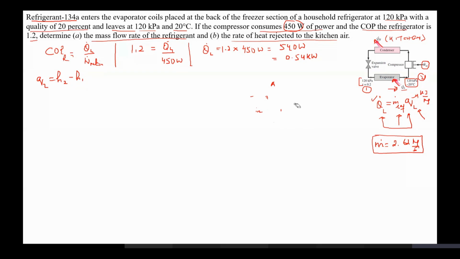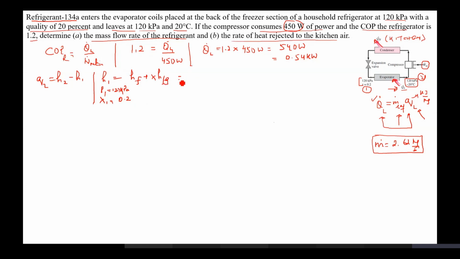In order to do so, the first condition that has been given to me is that for H1, the pressure is 120 kilopascal and the X1 value is 0.2. This is the quality value. And H1 is essentially HF plus X times HFG.